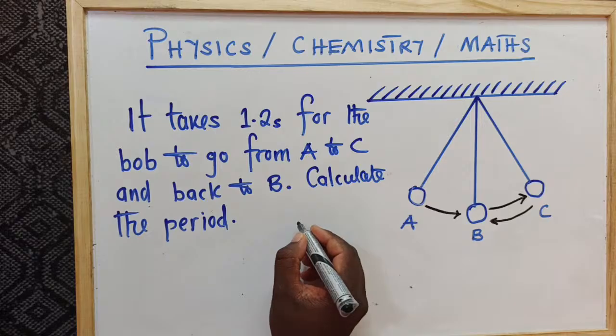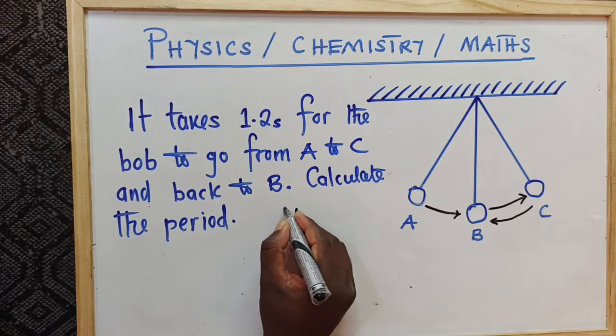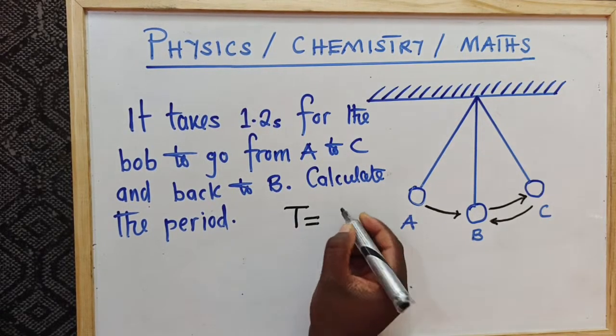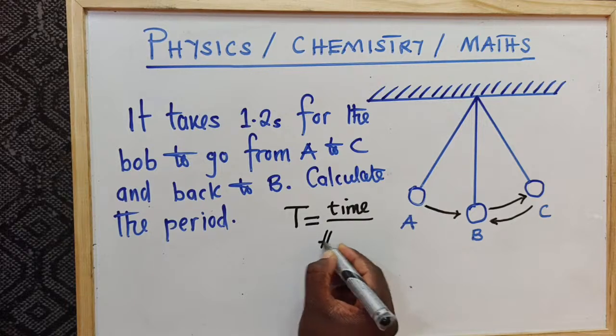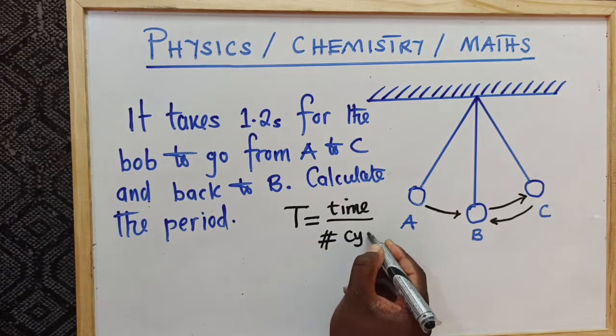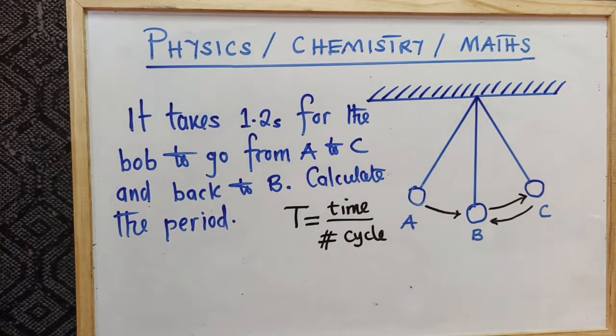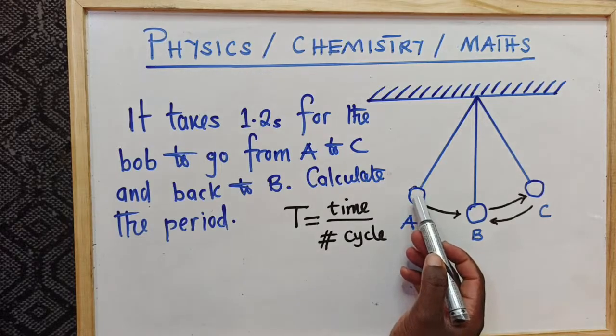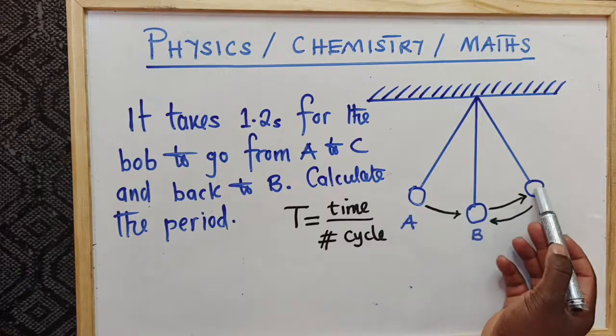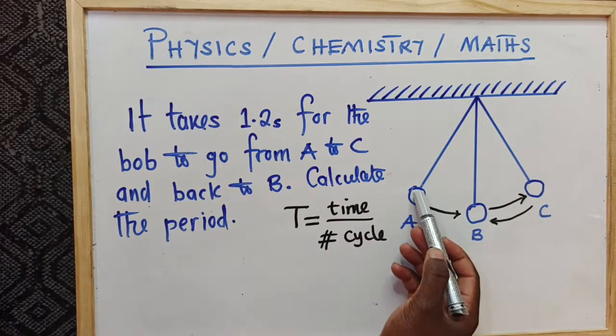To calculate the period, we use the formula T is equal to time over number of cycles. When we talk about cycles, we are simply talking about the bulb moving from here to here and then back to the original position.